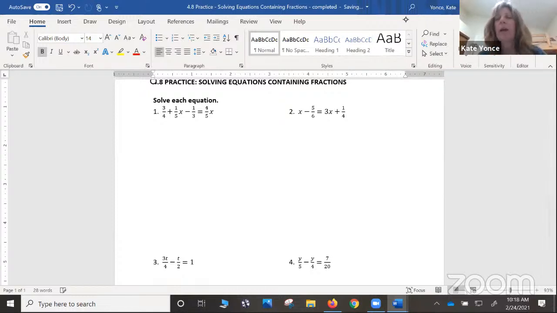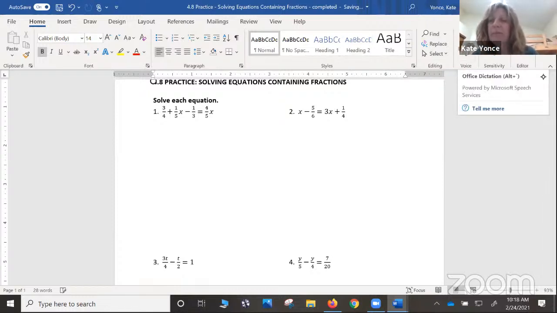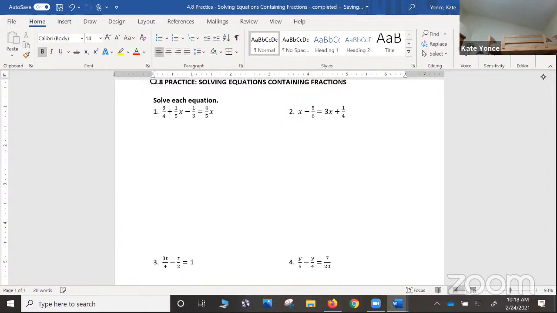Right. So then we would write the problem. So it'd be 60 over 1 times 3 over 4 plus 60 over 1 times 1 over 5x.